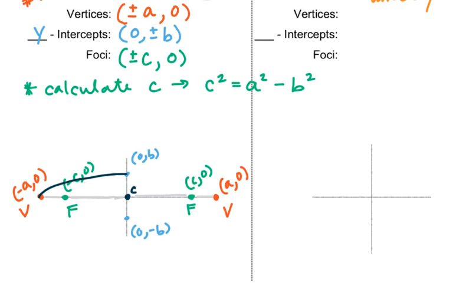So this ellipse, and this isn't going to be the most beautiful, might look something like this. This is my horizontal ellipse here. Again, notice that all of these main points are occurring on this longer major axis.